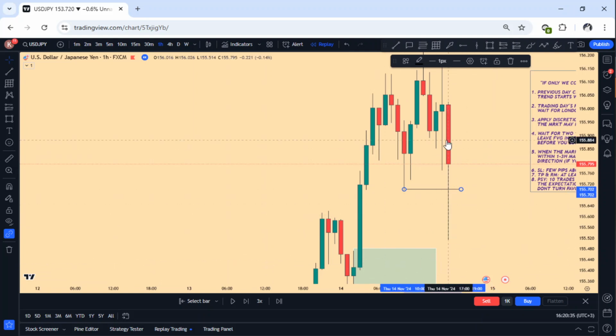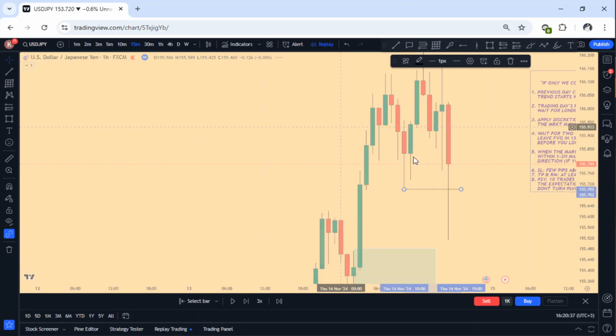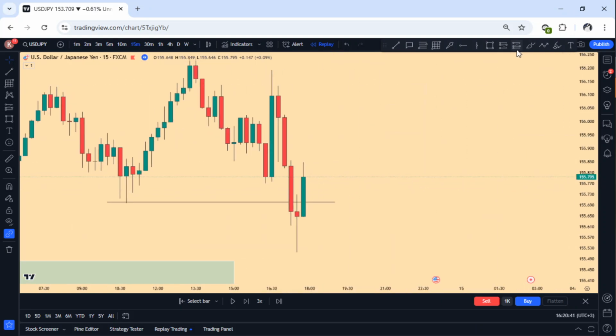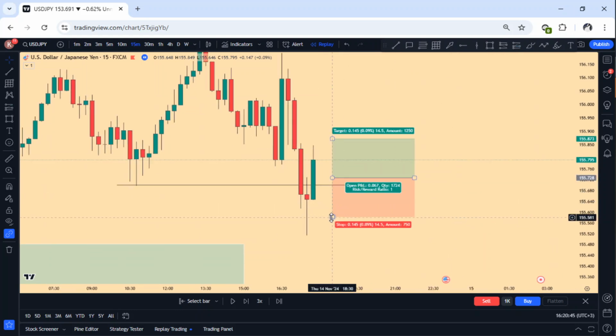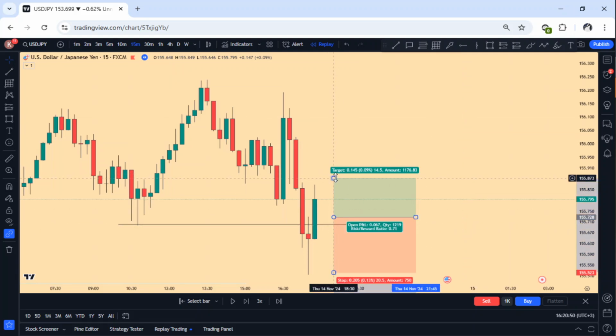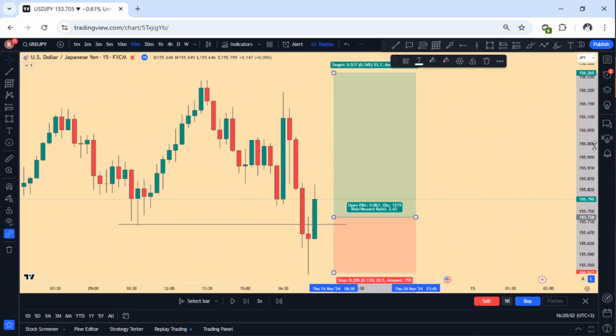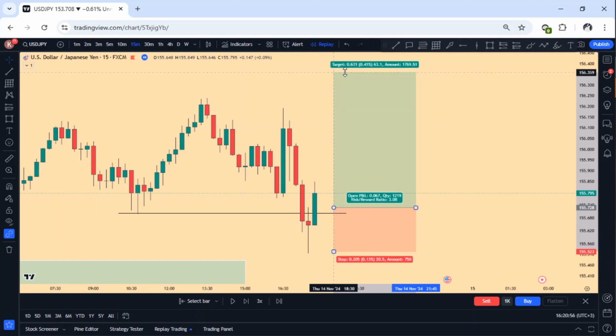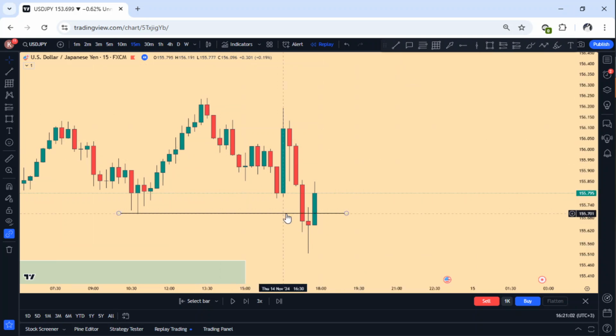But if it pulls inside and 15 minutes forms bullish like this, you are permitted to take entries immediately. But like I said, personally, I always prefer to wait for the previous 1 hour to be a little bit bearish, to be a little bit in my direction. In this case, you can take this trade like this, wait for a pullback, and then take it like that.